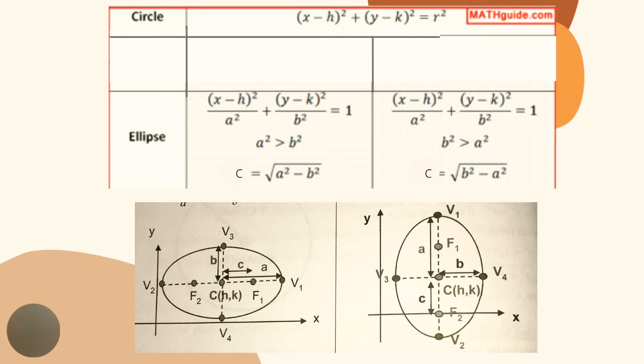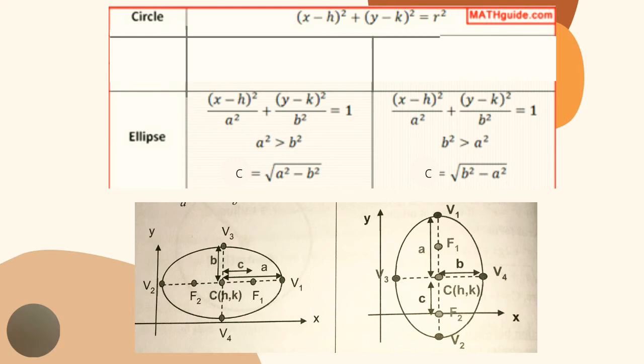We're also introduced to the formula of an ellipse, where we will have two different types, one elongated on the x-axis and the other elongated on the y-axis. In this formula, h and k also represent the center coordinates.